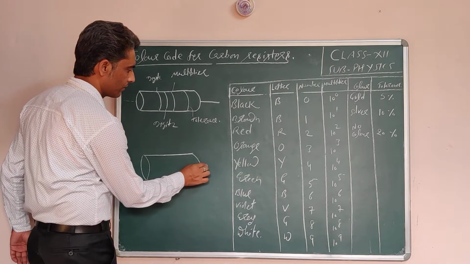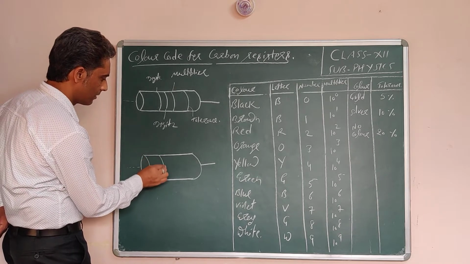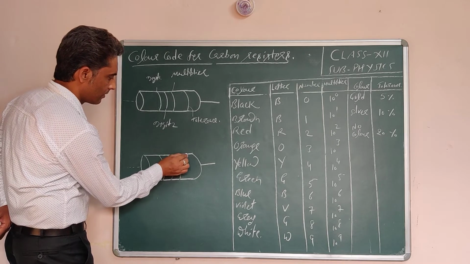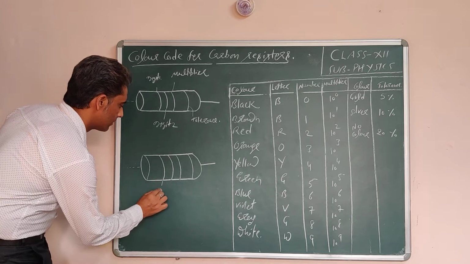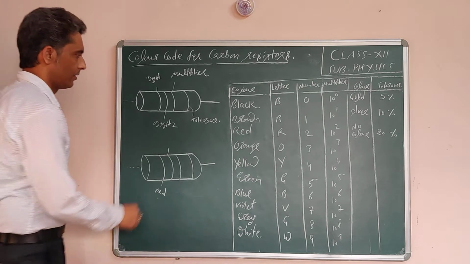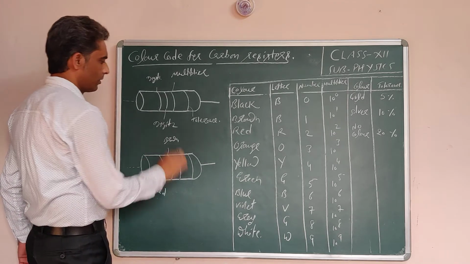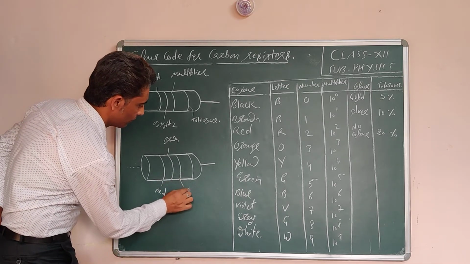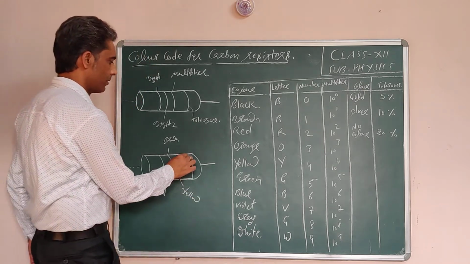It is in the form of color bands. So let this color be red, let this color be brown, let this color be yellow, and this color be silver.